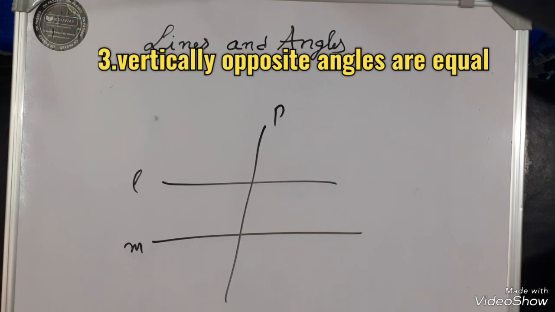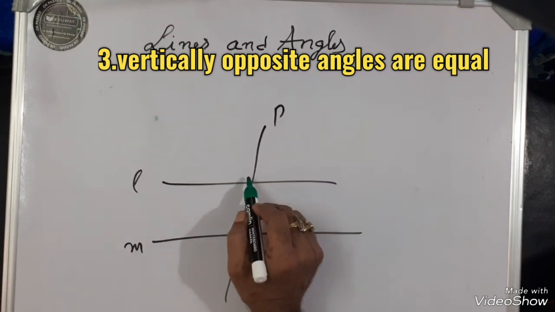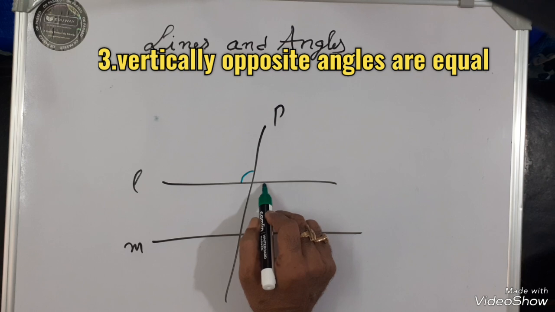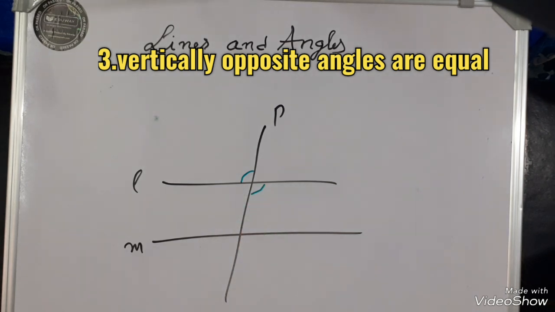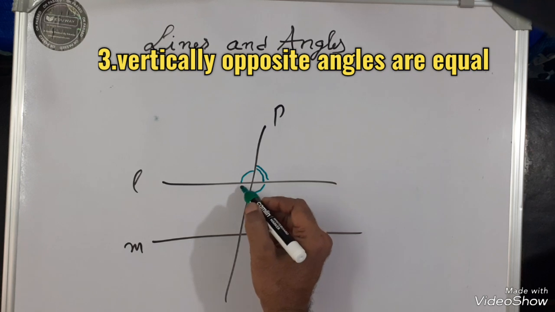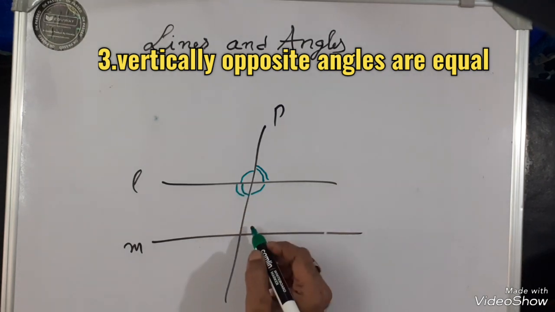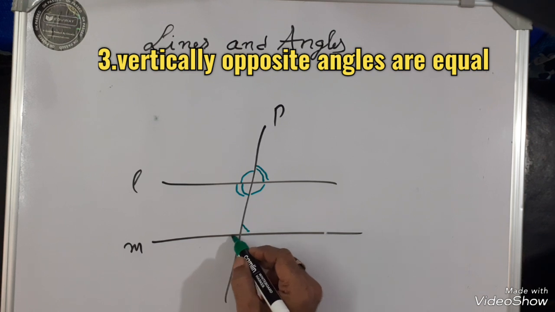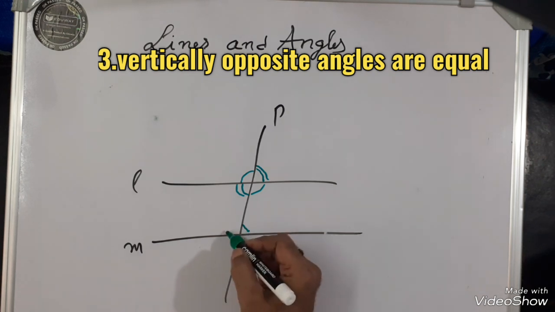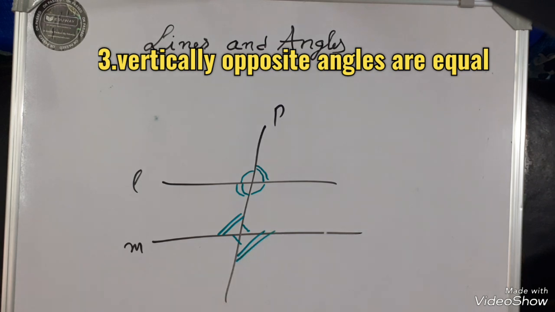So when two lines are parallel, their opposite vertical angles are equal. These two are equal. Like that, this angle is equal to this angle, and this angle equal to this angle, and this angle equal to this angle.